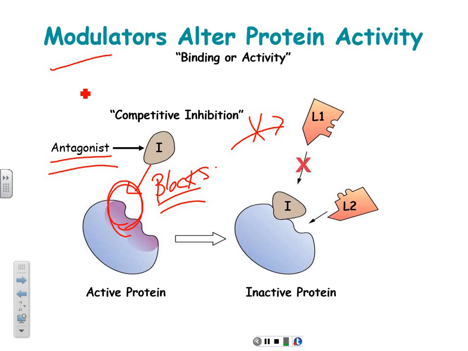That is known as competitive inhibition. An agonist is a ligand that blocks the active site and renders the protein inactive. Right?